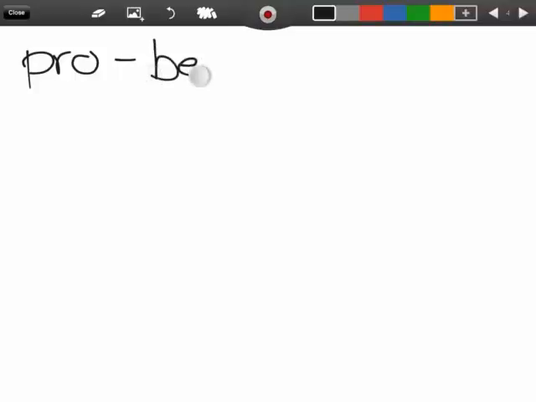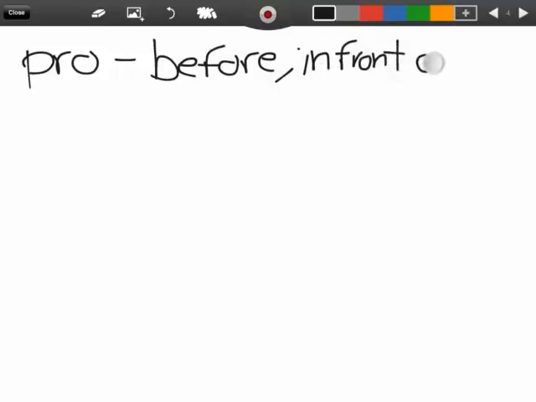Moving on to our next root, which is pro. Again, this is a very commonly used root, like I said before, one of the backbones of the English language. The meaning is before, in front of, or forward.